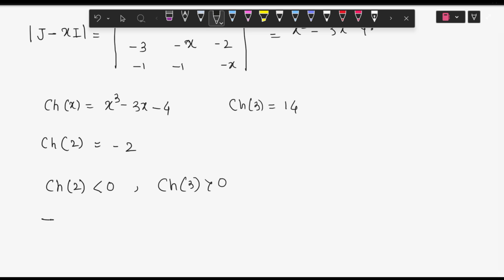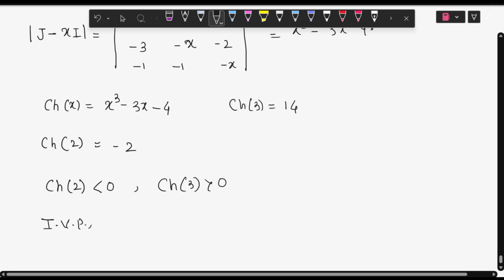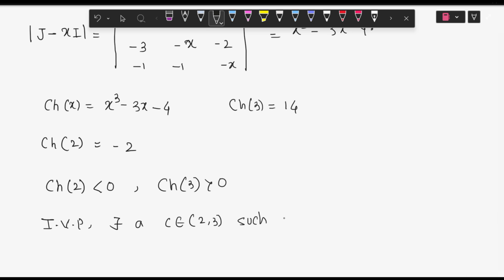Then by the intermediate value property, there exists a c in (2, 3) such that the characteristic polynomial at c is 0.